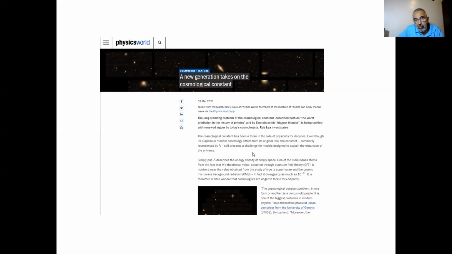So why is that? So simply put, lambda describes the energy density of empty space. And the big issue is, well, where does this energy density come from? We're saying it's empty space. How in the world could empty space have an energy density? Well, it turns out that from quantum field theory, empty space, the vacuum, is not really empty.